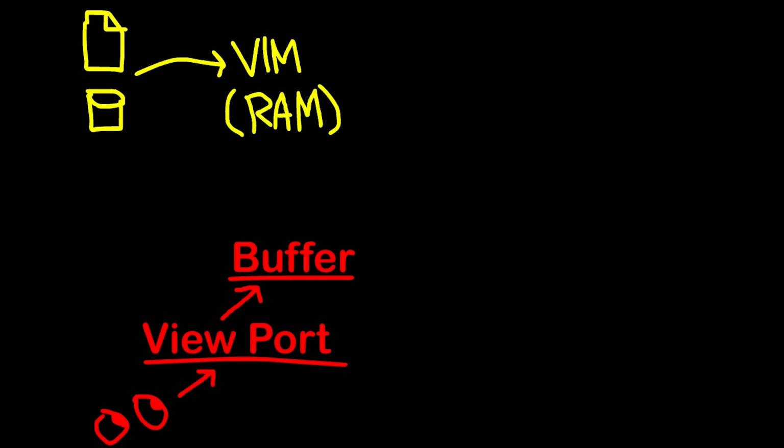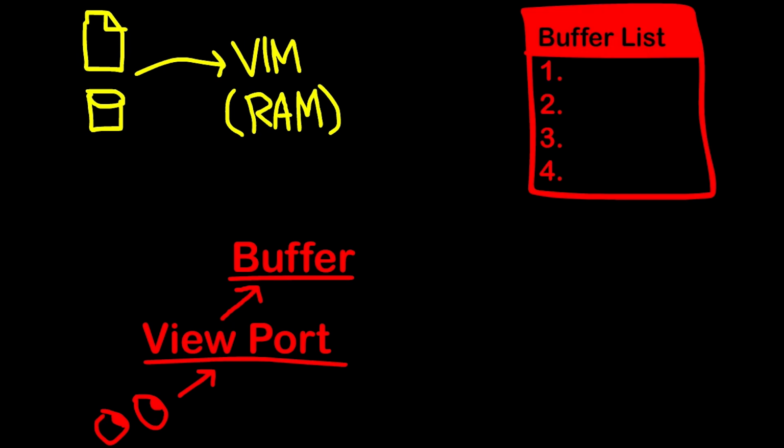This is the window you see when you're moving your cursor around and making your edits. And every time you open a new file in Vim, a new buffer is created and added to the buffer list that you can view and navigate as you need. The buffer list is very powerful, as you'll see in this video and future videos, but start to become aware of this buffer list just for now.